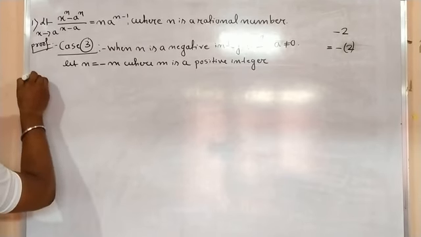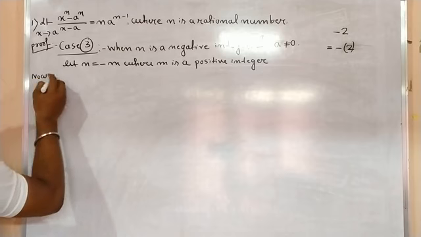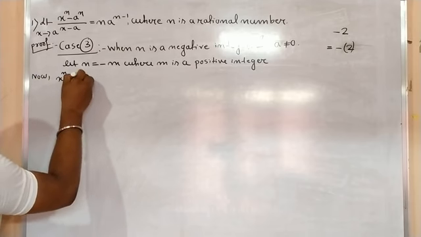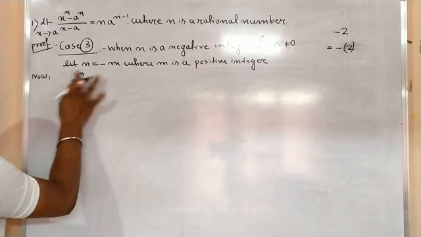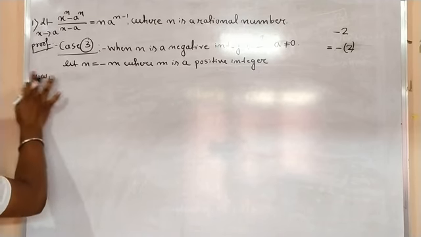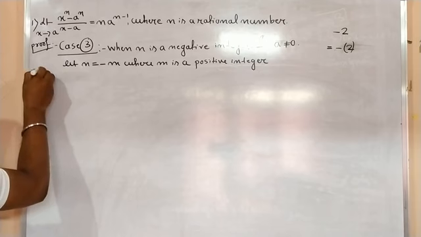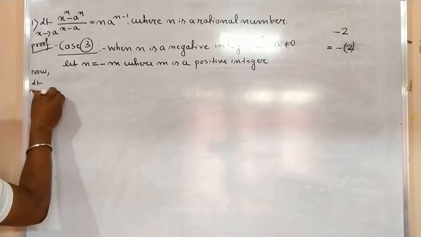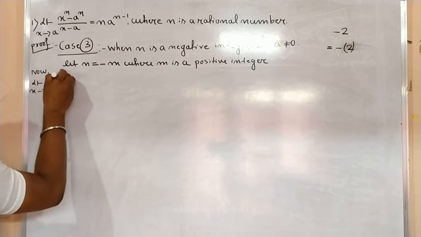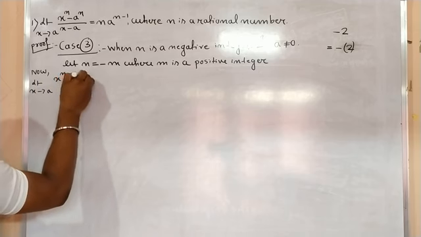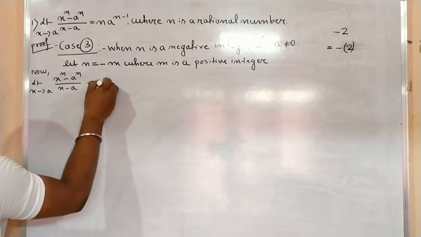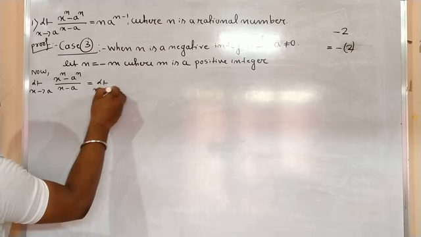Now limit x tends to a, x to the power n minus a to the power n by x minus a. So it is limit x tends to a.